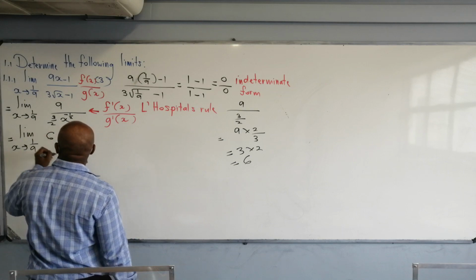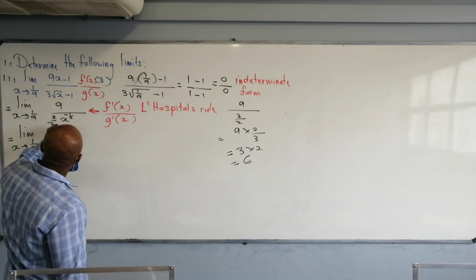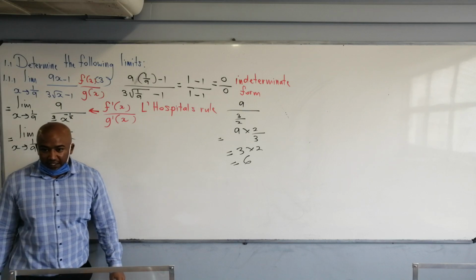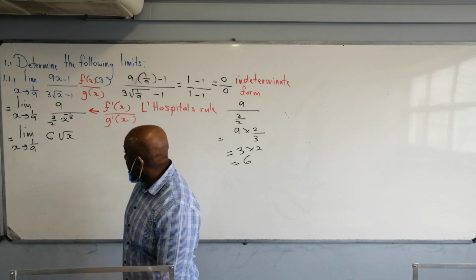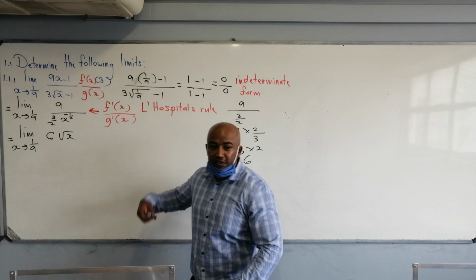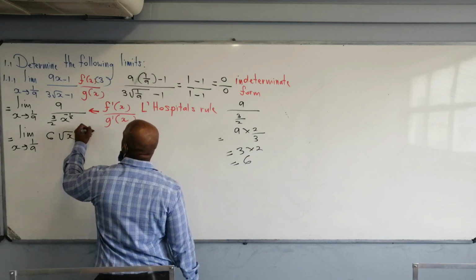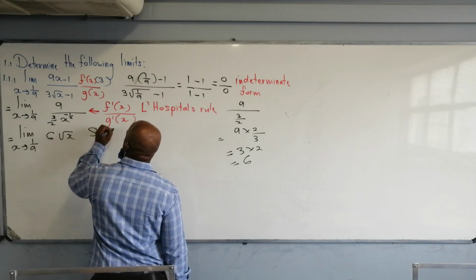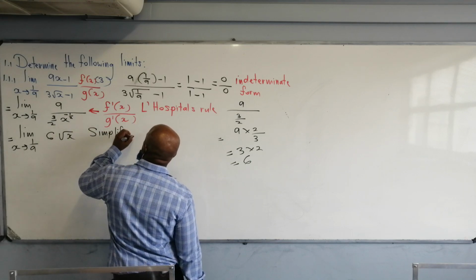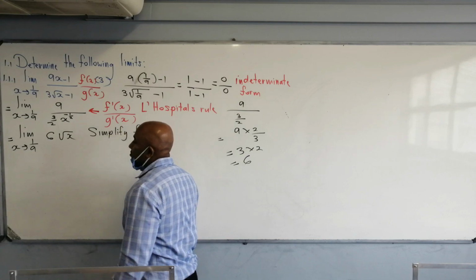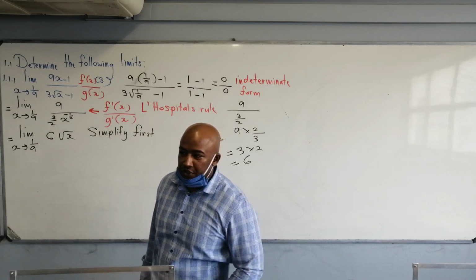So that becomes 6. Take this to the top. The sign of the exponent changes. Can you see that? If I take x to the power minus half to the top, it becomes a positive half. So simplify first. Now do the substitution.